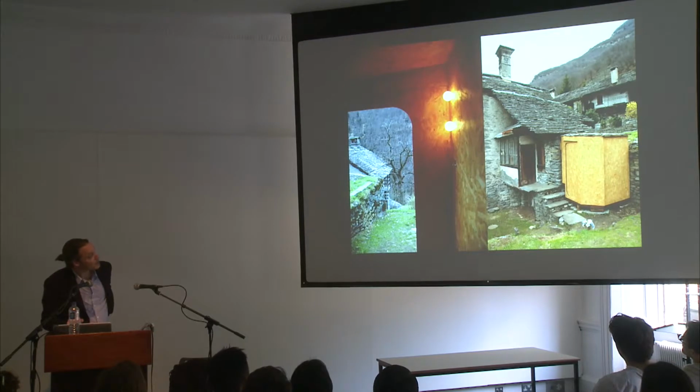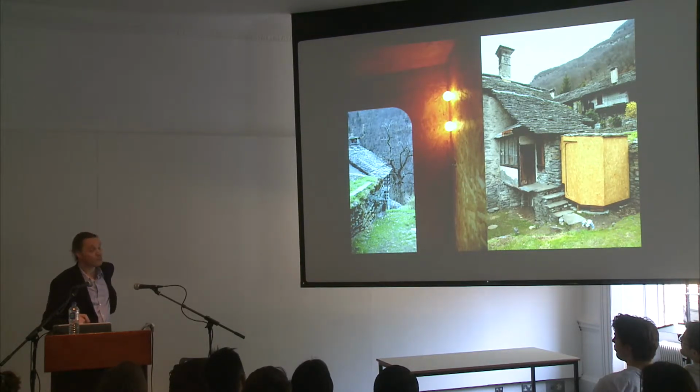The last one is an extension to an almost ruined house of a friend of mine that I built in Switzerland, which is a little shower. So the building didn't have any shower of the sort. So the first thing you need in order to spend some time is to be able to wash.